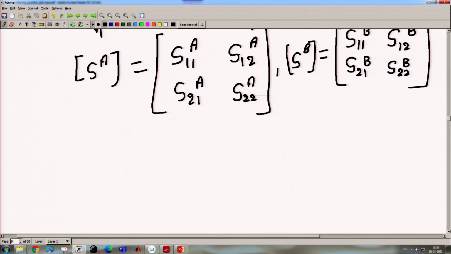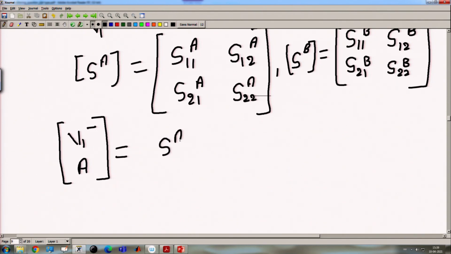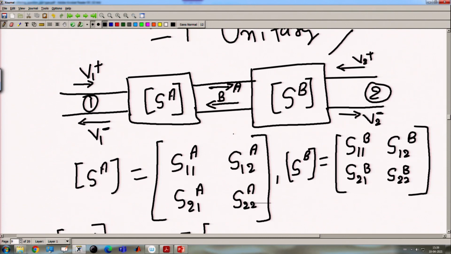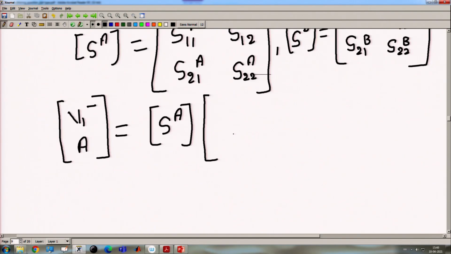So, we can write V1 minus and A equal to this matrix SA into V1 plus, which is the first incoming, and B, the second incoming. Here SA is a 2 cross 2 matrix.